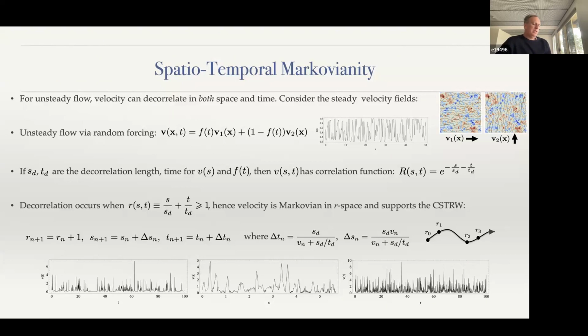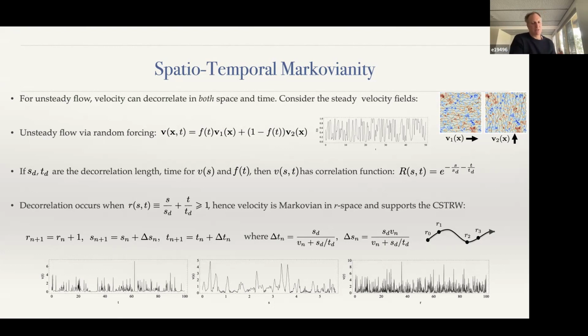So if we consider SD and TD to be the decorrelation length and the decorrelation time for the velocity and this switching function, then we can write an overall correlation that is the product of 2 first-order decorrelation processes. And so essentially what comes from that, because these systems are Markovian, decorrelation of the velocity occurs when the variable r, which we define as s on SD plus t on TD, is greater than or equal to 1.